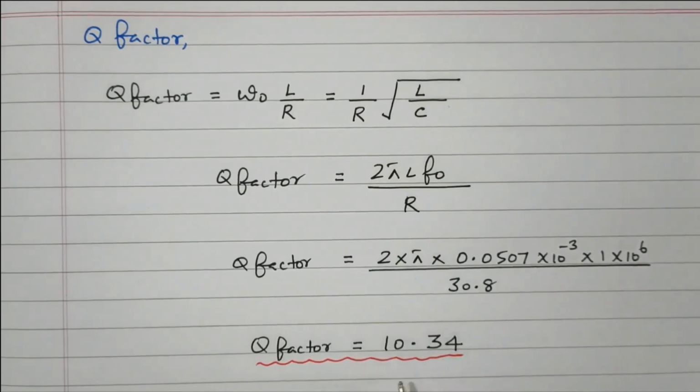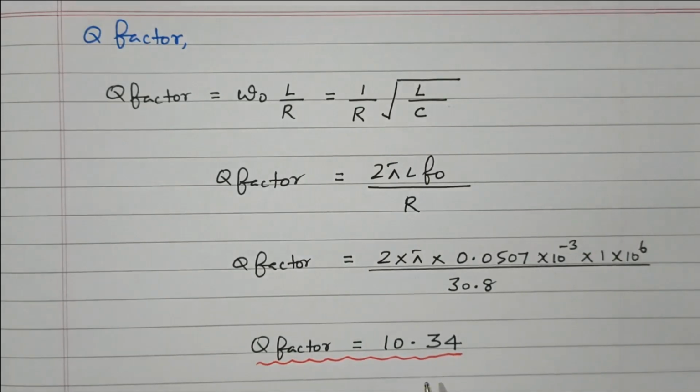By simplifying, we got Q factor equal to 10.34. So the Q factor of the coil inductor is 10.34.